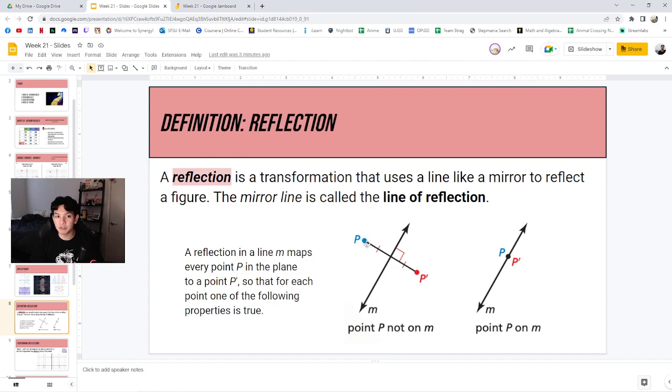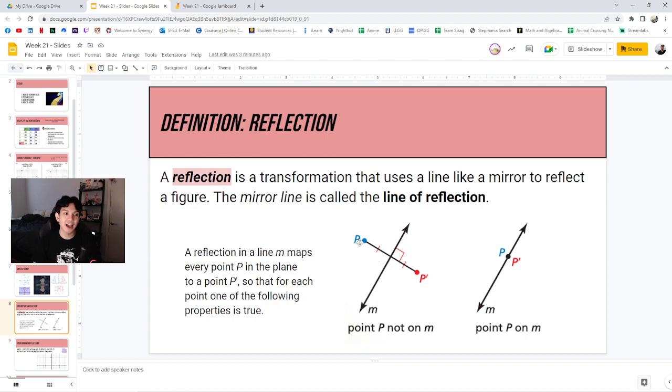Well, if we reflect it about this line, P prime is going to be at an equal distance, or equidistant, as it is to this line, okay? The distance from P to this line is the same distance it's going to be from P prime to the line. So that means from P to line M and from P prime to line M, it is congruent, all right?